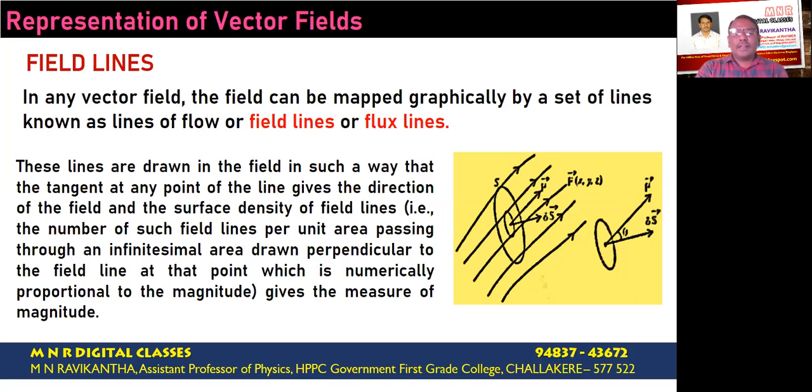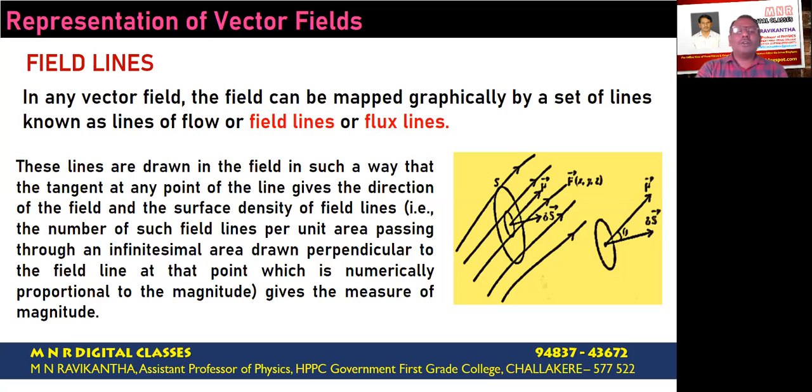Now observe this diagram. Here we have the lines called field lines, which represent the vector field. Each line represents the direction and magnitude of the vector field at that particular point. If you consider different points, that represents the magnitude and direction of the vector field at each point.